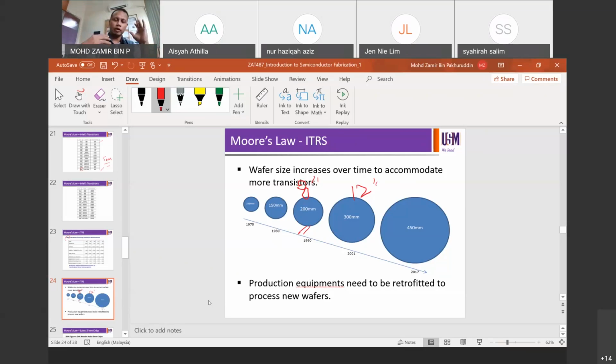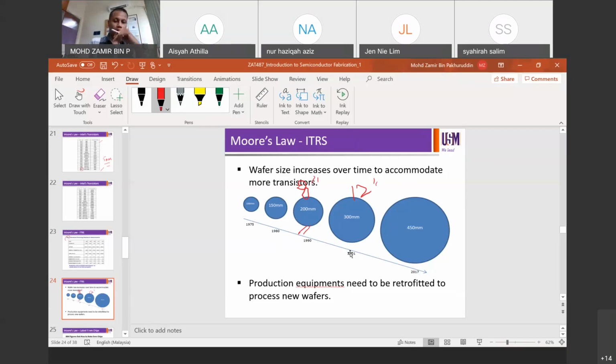So maksudnya kalau you run from process number 1 until process number 200 for 8-inch, the whole line has to be 8-inch. If you want to do it for 12-inch, then the whole line has to be 12-inch. So you cannot have lithography running 8-inch and etching running 12-inch. No, it's not going to work, right? Because you need to retrofit or change the equipment that you use for processing.